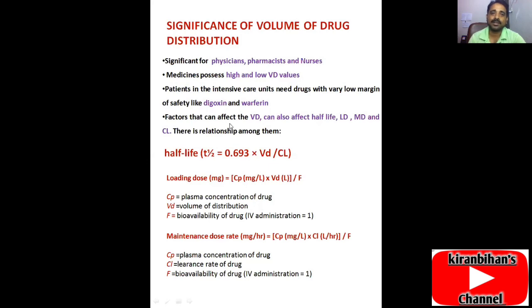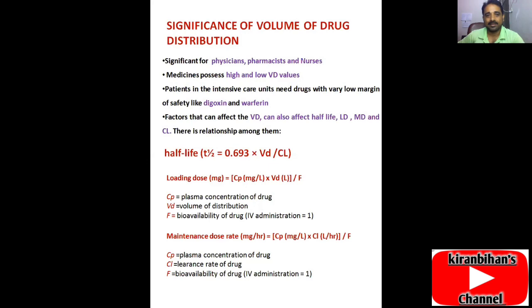So factors that can affect the volume of distribution can also affect the half-life of the drug, loading dose, determination of maintenance dose, and clearance. So in a particular situation where the patient is in an intensive care unit, monitoring of these parameters is necessary.